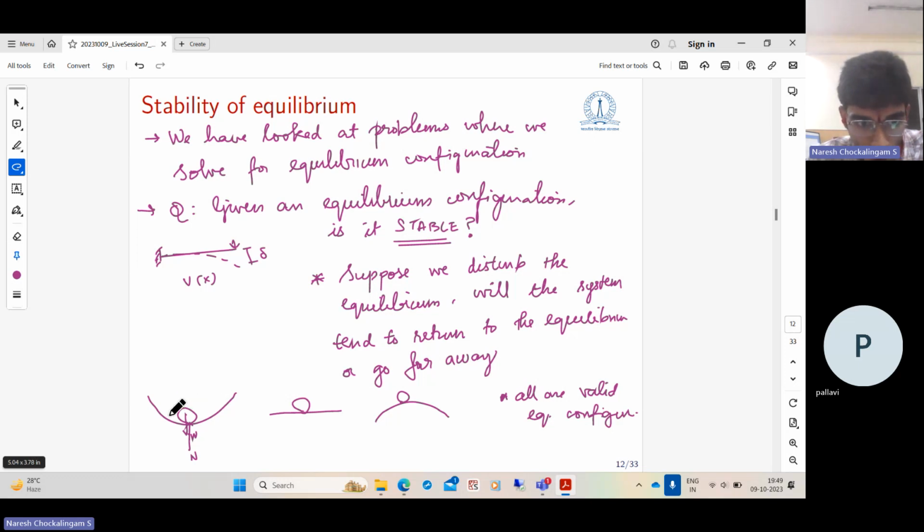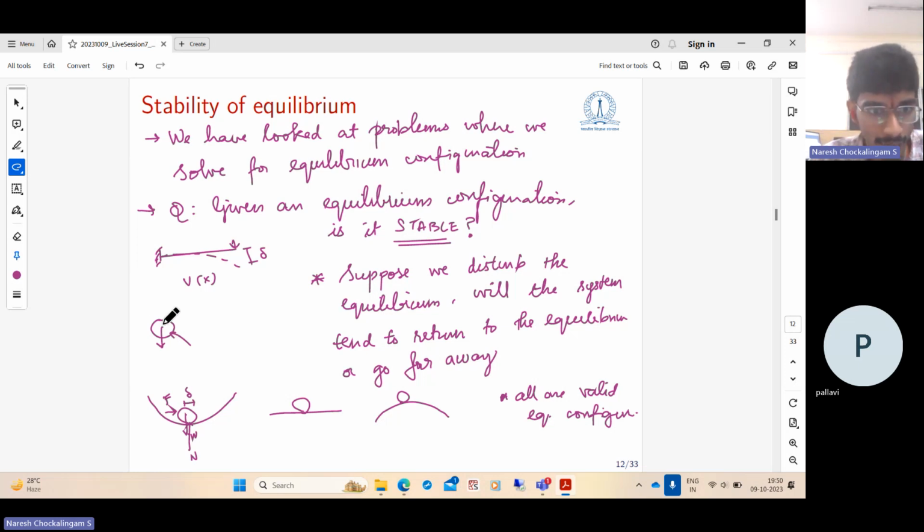Suppose I apply a small force to the right side here. Let us call this force F. If I apply this force, this very small perturbation, if I displace the ball slightly, it will no longer be in equilibrium. The downward force will be slightly away. This is an exaggerated view. It will not be in equilibrium.